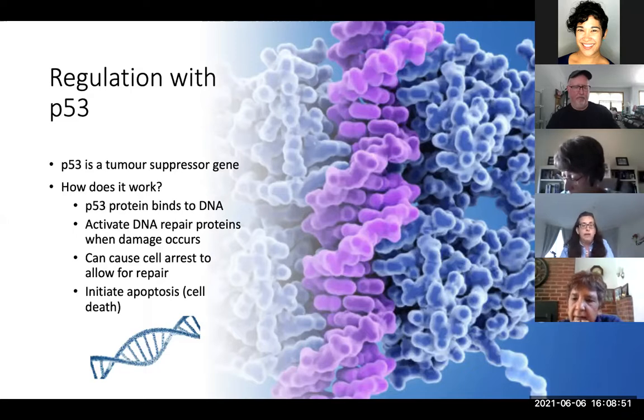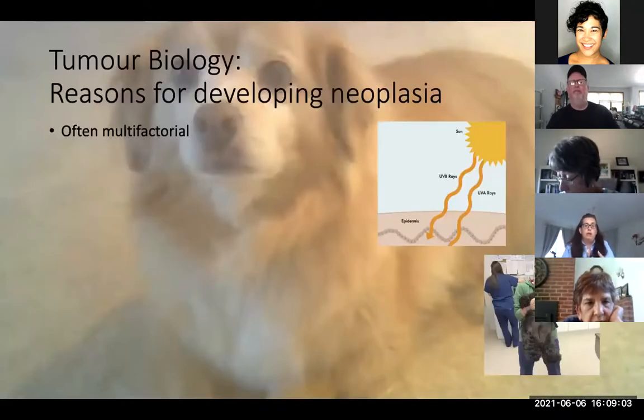And if it recognizes that there has been damage to the DNA, and it can't fix it, it will cause cell death or apoptosis. So p53 isn't the only factor where we can have abnormal cell growth. It's just one of the most well-known, well-studied regulators of tumor or cell growth.